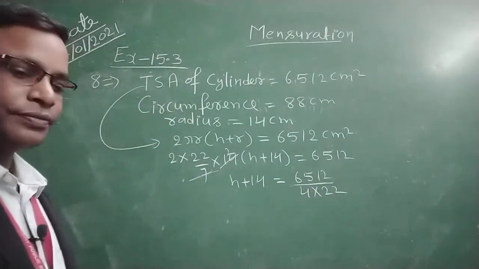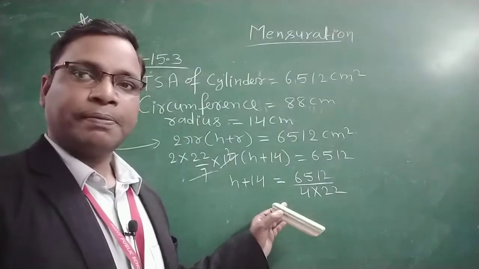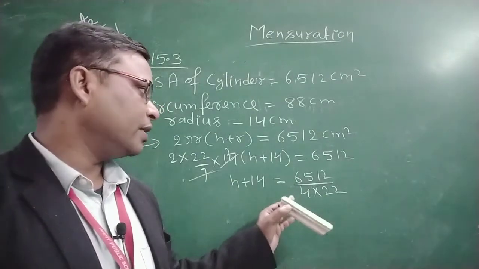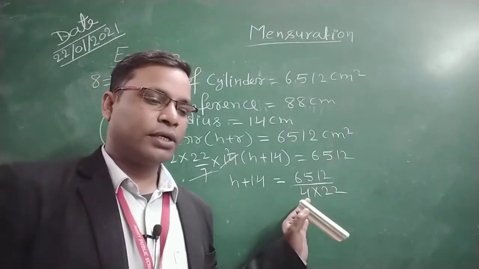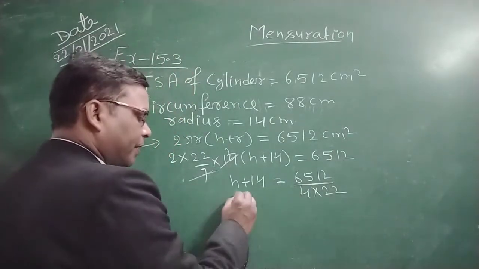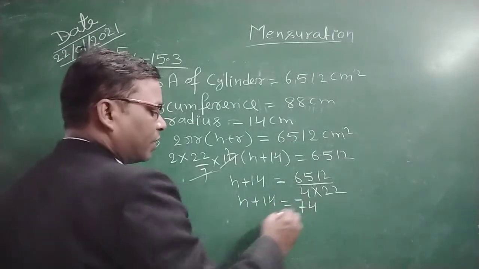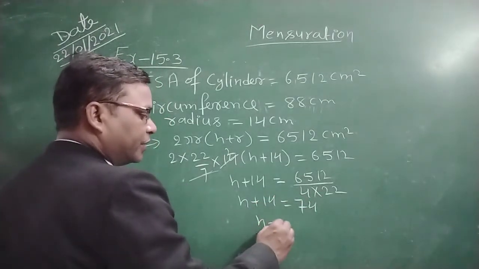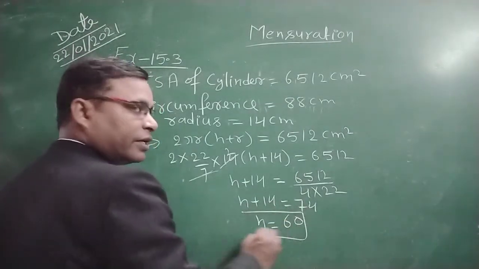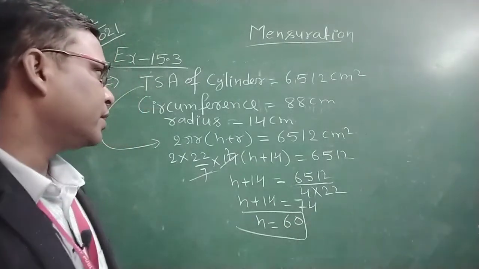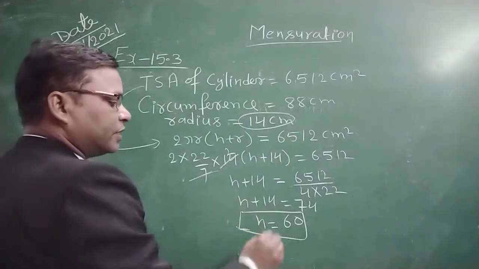Clear? So if you simplify them, then you get h plus 14 is equal to 74, or you can say the height is equal to 60. So students, here you can see you found the radius of the cylinder is 14 centimeter and the height is 60 centimeters.